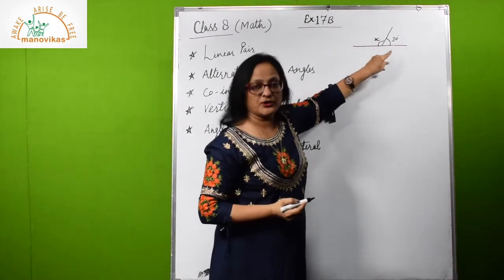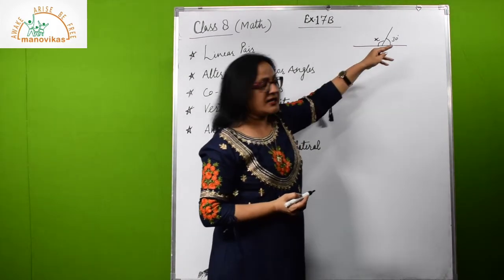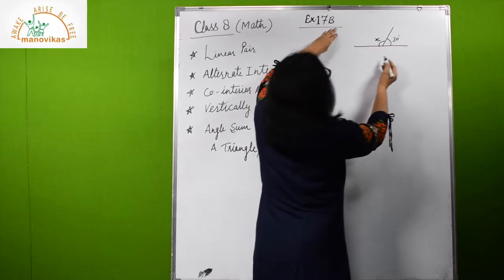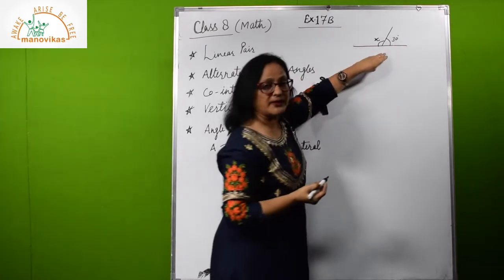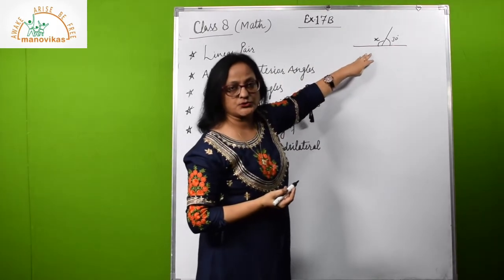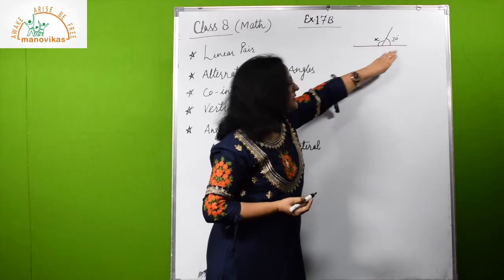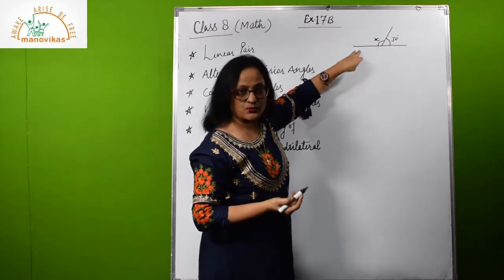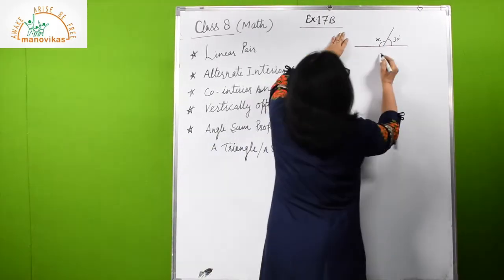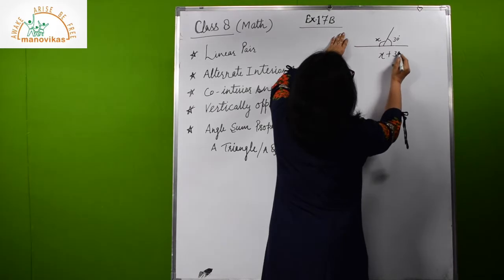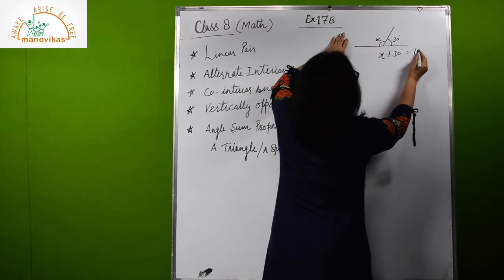And what is the property of linear pair? If two angles form a linear pair, their sum is equal to 180 degree, being the straight line, and straight line angle is 180 degree. So here you can use x plus 30 degree is equal to 180.